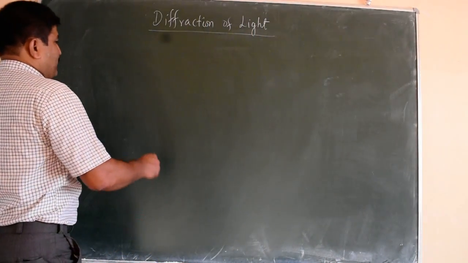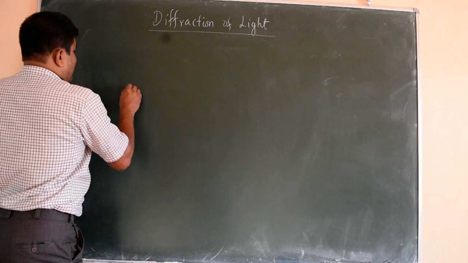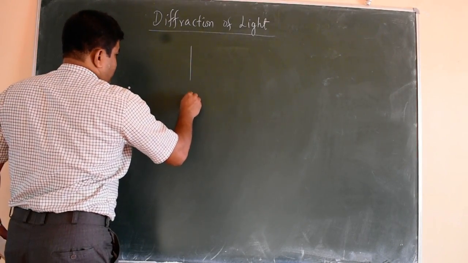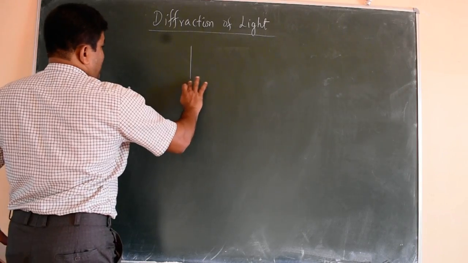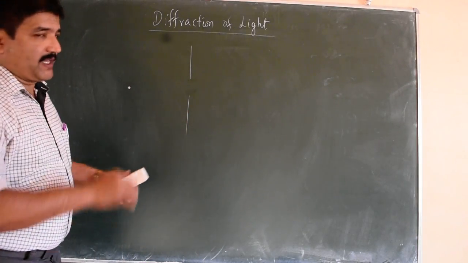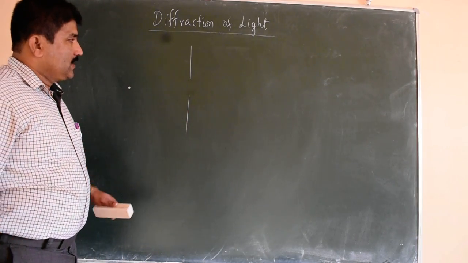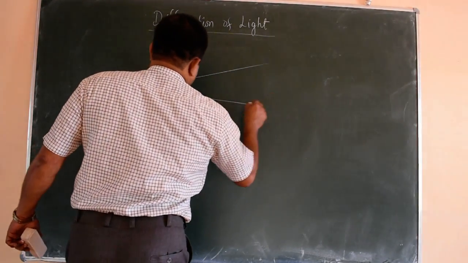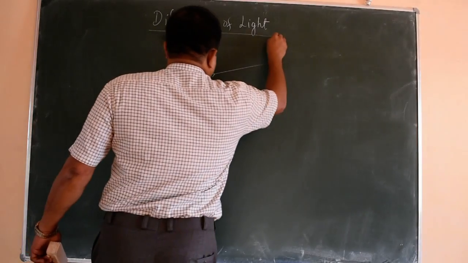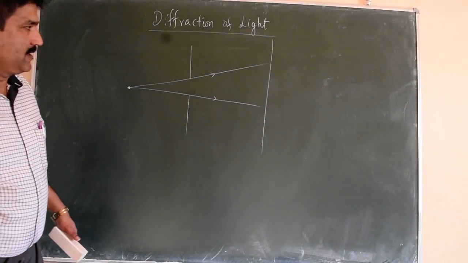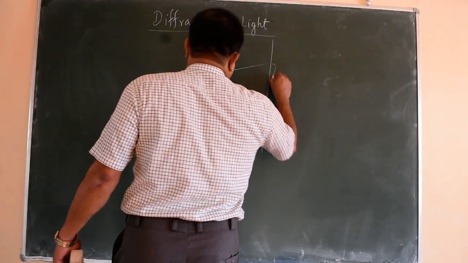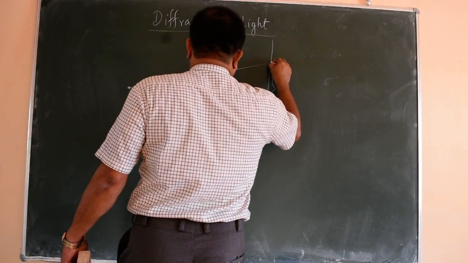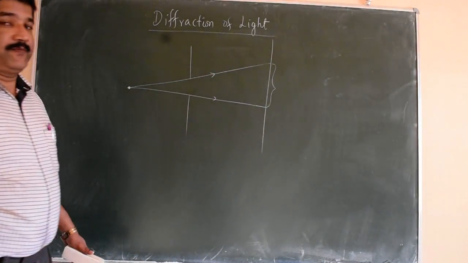I will give one example. Suppose there is a point source of light, and I keep a narrow, small hole on a surface. Now you expect that light will go straight like this, and if there is a screen, we have some bright region here. That is our expectation.